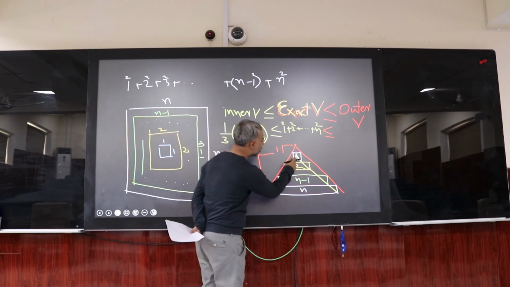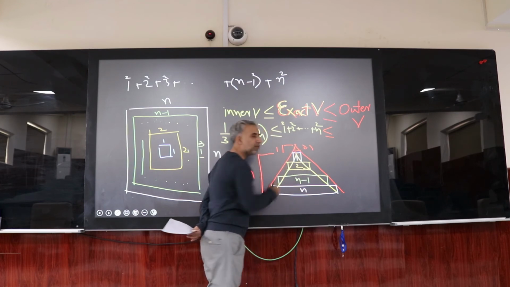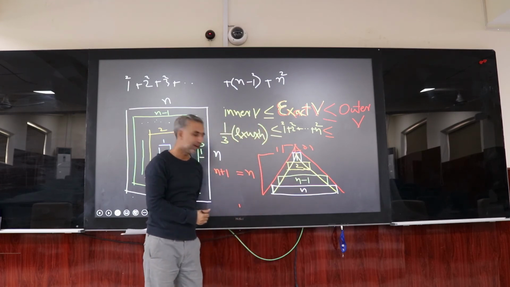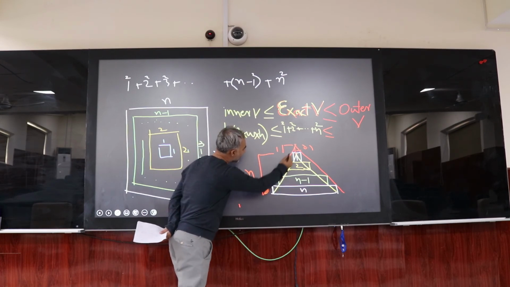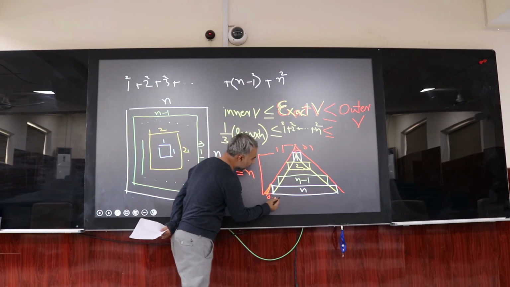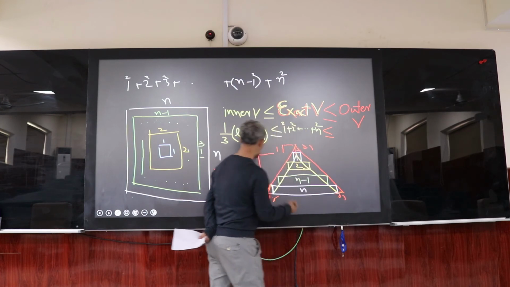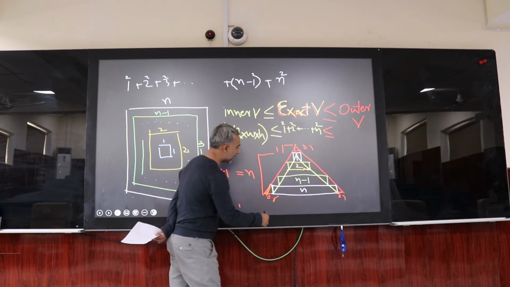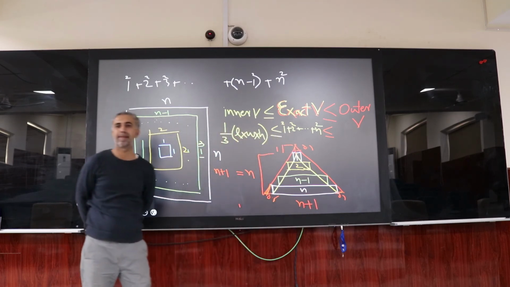Similarly, on the side, 0.5 on one side and 0.5 on the other side. It looks like that, but technically it's not 1, it's smaller: 0.5 on one side, 0.5 on the other side. So after adding up, this will become n plus 1.